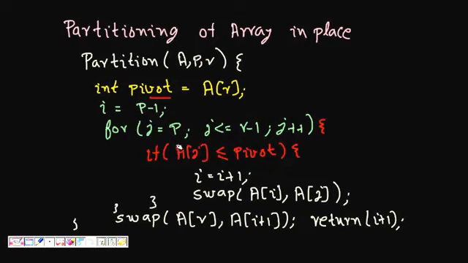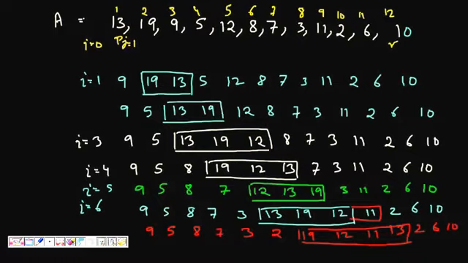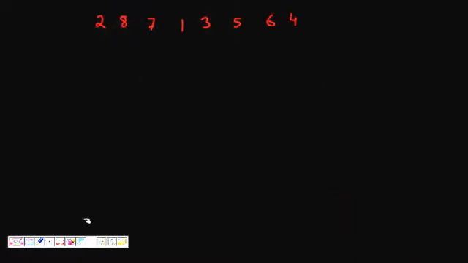For J from P to R minus 1, we check if A[J] is less than the pivot, then we increment I and swap A[I] and A[J]. Let's see it first with an example, which will make it more clear. So we have this example with indices 1 2 3 4 5 6 7 8.